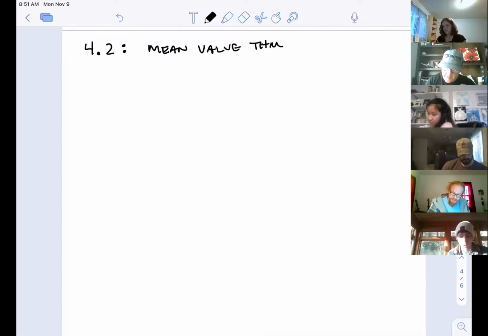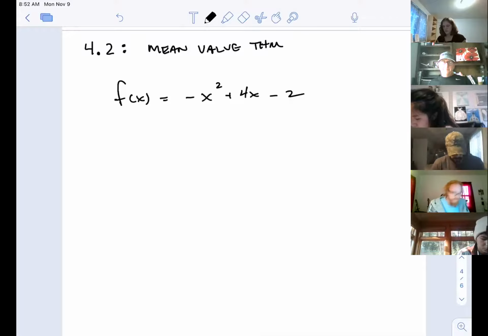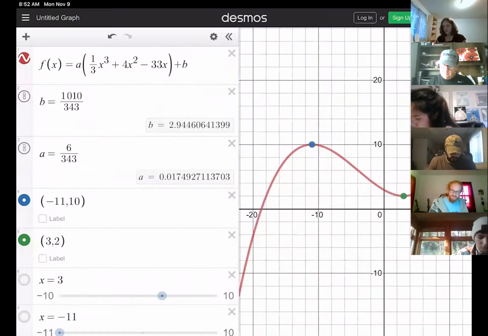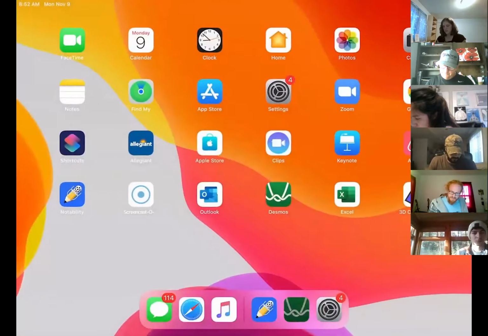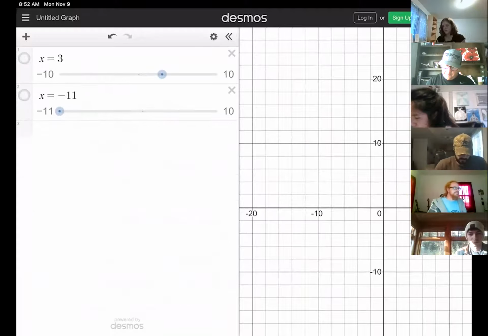Let's consider this function for a second. If I say, I don't know, negative x, I want a parabola that's upside down. Would you agree that's an upside down parabola? And then after that, I don't really know. I'm just going to throw in some stuff. So there's that function. Let's take a quick look at it rather than just make an awful graph.